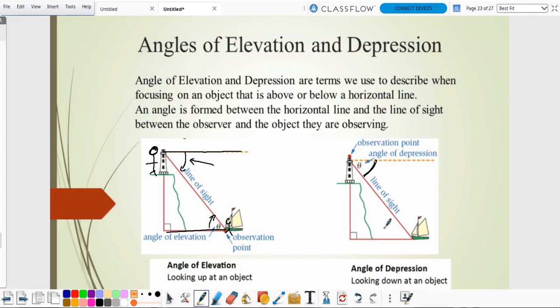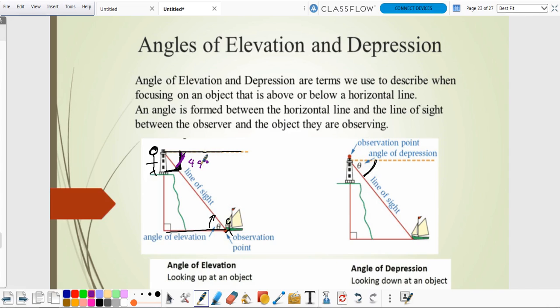Also, a couple of things to note with these questions. When you're looking at the angles, these angles here are all right angles, see that? So they'll always equal 90 degrees. Let's say, for example, my angle of depression here is 49 degrees.